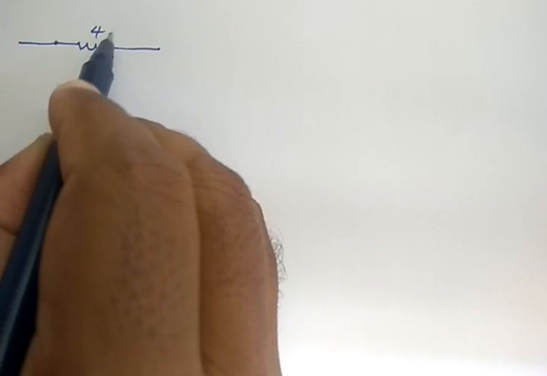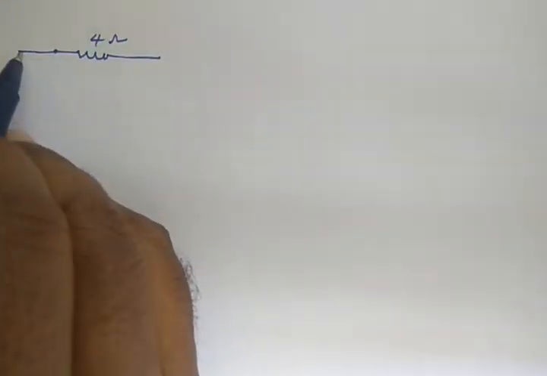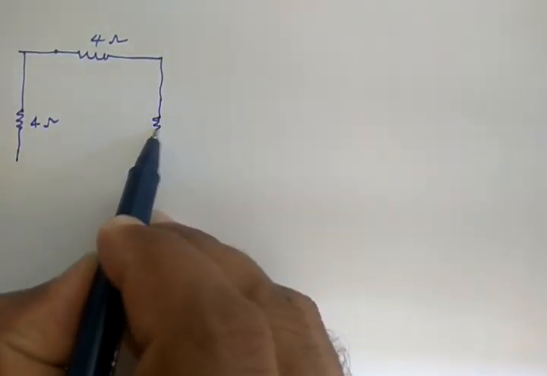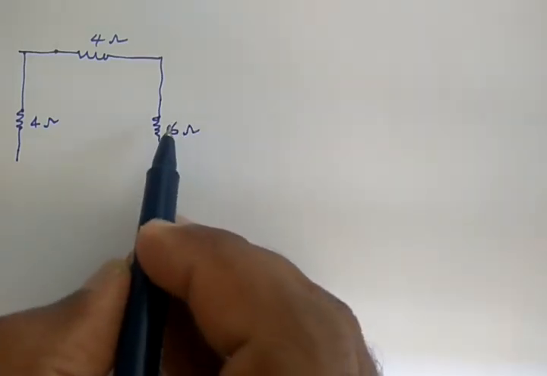So look at this problem. This is a 4 ohm resistor. Now I am connecting one more 4 ohm resistor here. Let us connect one more 6 ohm resistor.